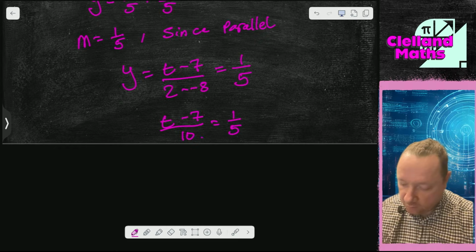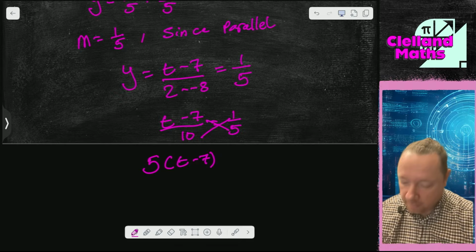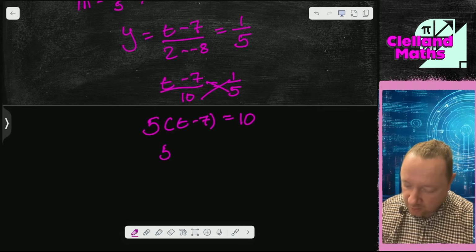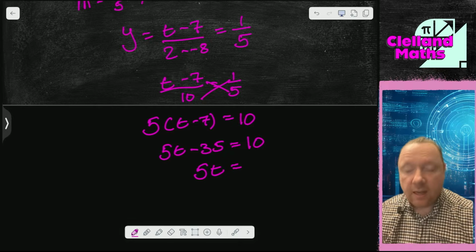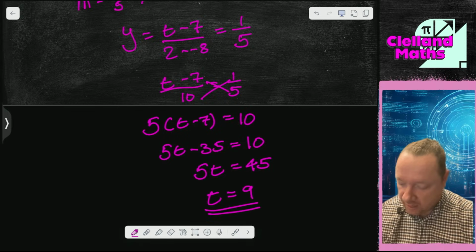Now we can cross multiply: 5(t - 7) = 10. We'll expand it because that's what most people would do: 5t - 35 = 10. So 5t = 10 + 35 = 45, so t must be 45 divided by 5, which is 9.